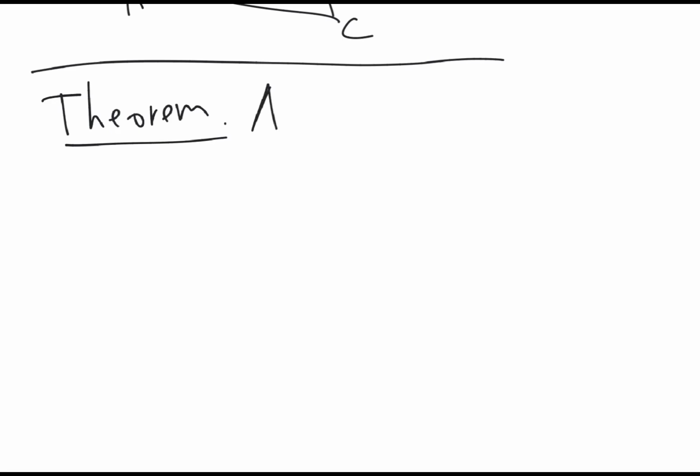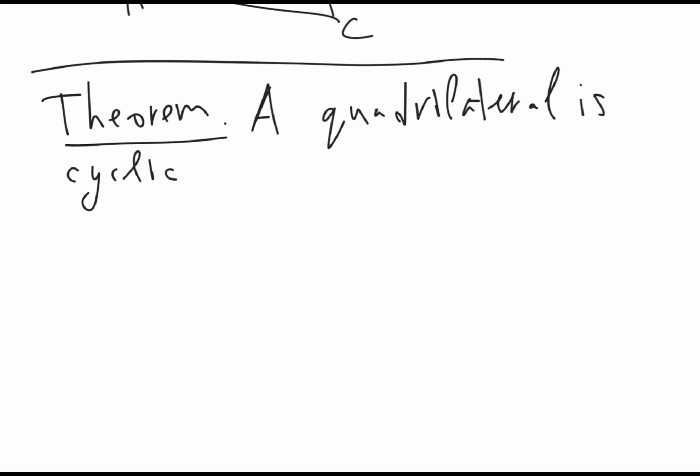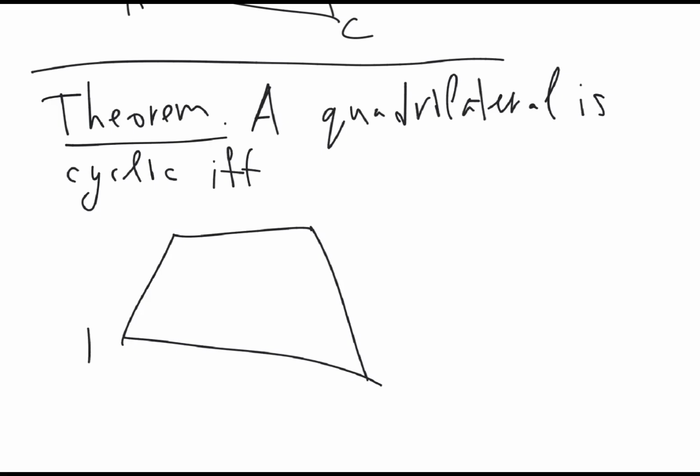And then there is another criterion. Again, a quadrilateral is cyclic if and only if. Here it would be more convenient to denote already for the statement of the theorem the vertices of the quadrilateral. So we consider the diagonals.